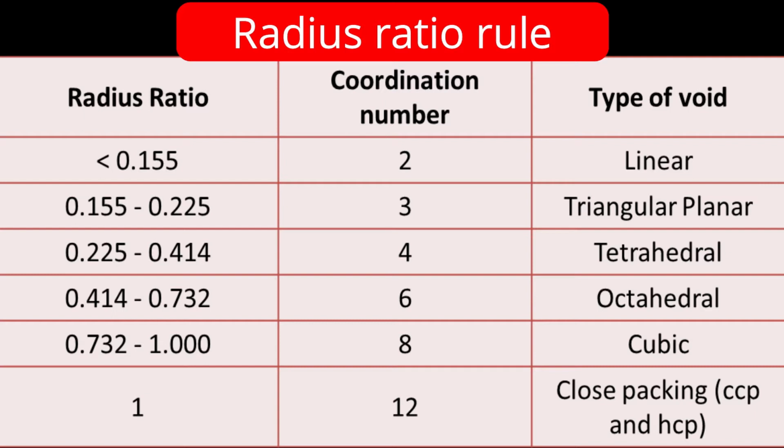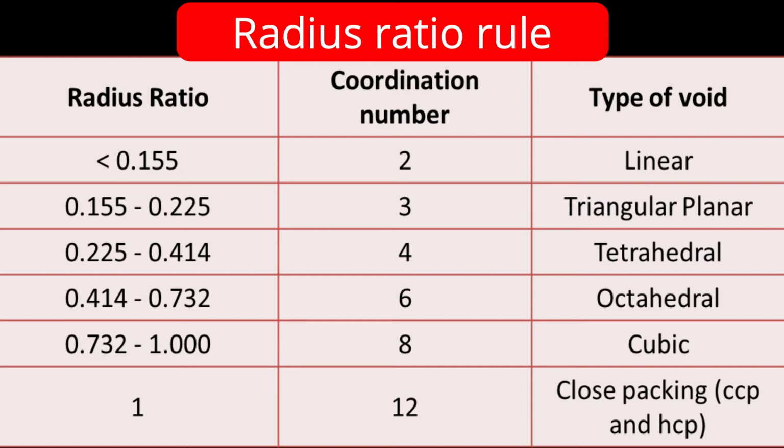We are applying radius ratio rule to explain the structure. Before the actual explanation of the structure, let us know what is that radius ratio rule. Radius ratio means ratio of radius of cation to radius of anion.